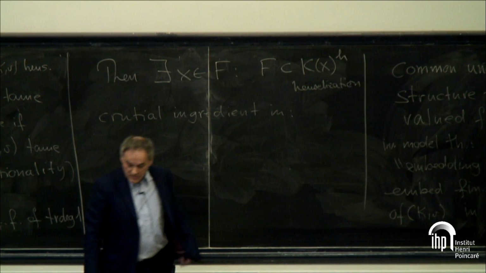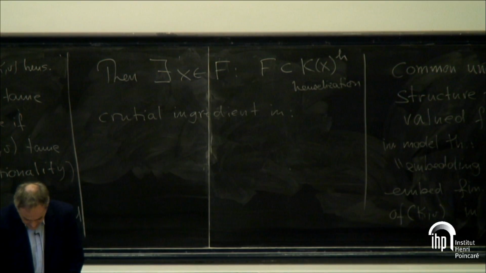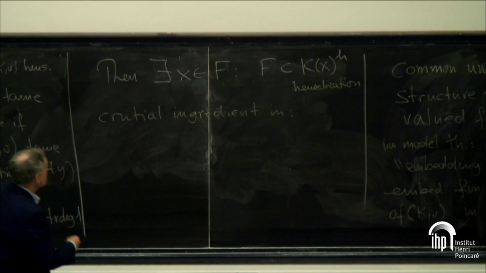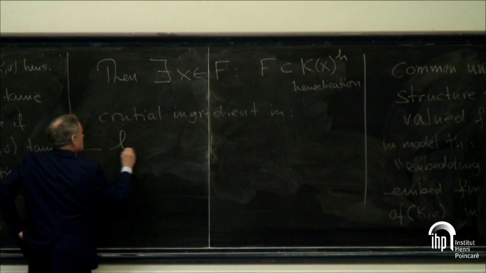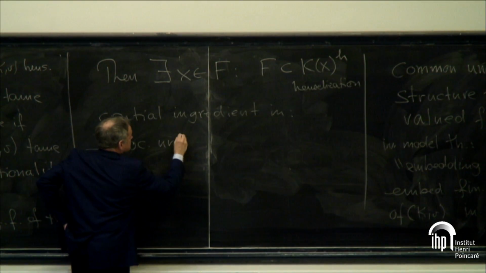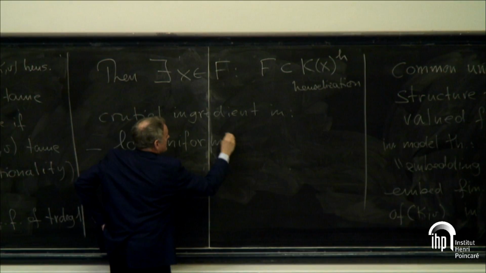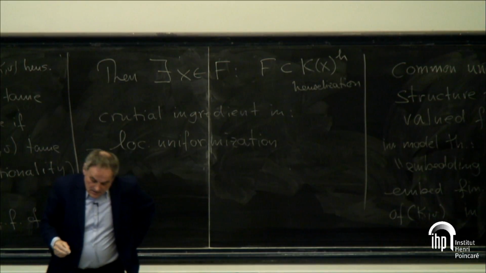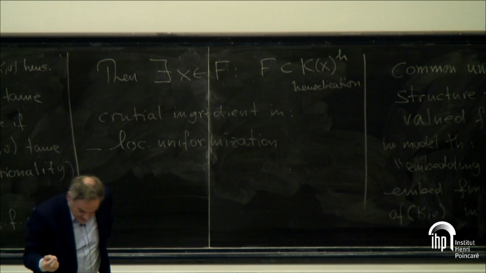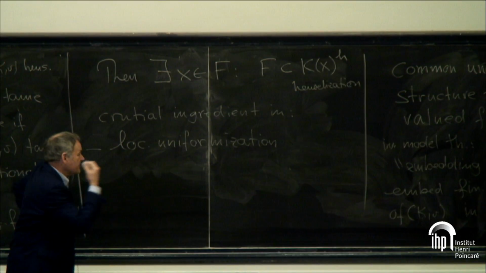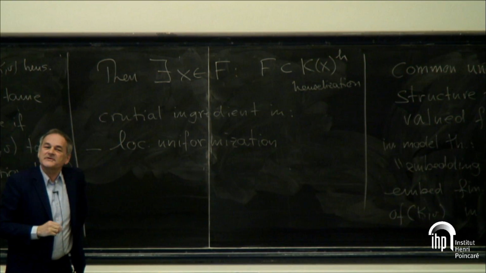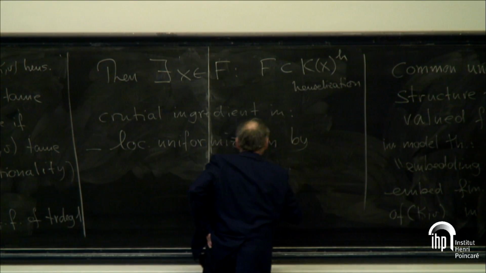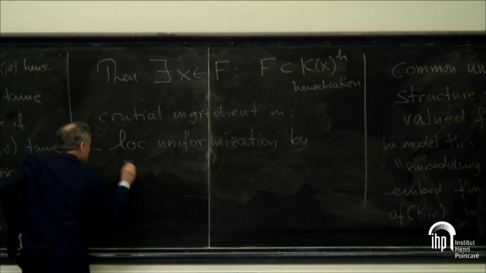in two main results. And these are, first result, local uniformization. But not what we really want. We actually want to have the local uniformization for the function field that we are given. So we have to change it a little bit, and we call that separable alteration.